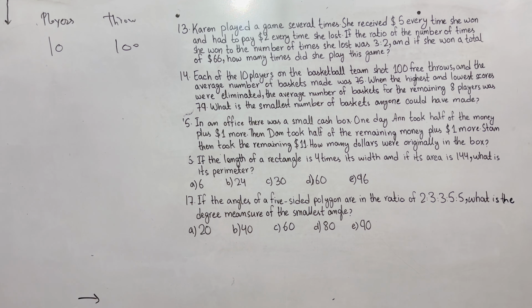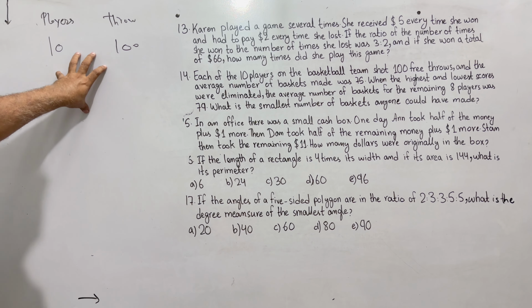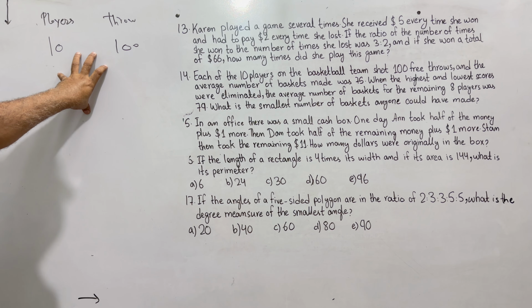And the second condition: when the highest and the lowest scores were eliminated, the average number of baskets of the remaining 8 players was 79. The average of all 10 players is 75.